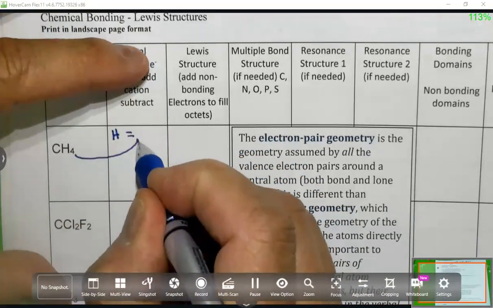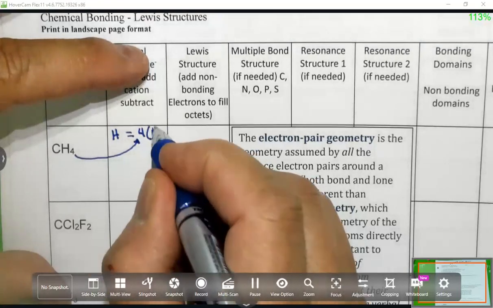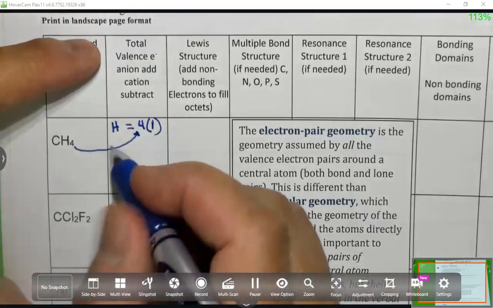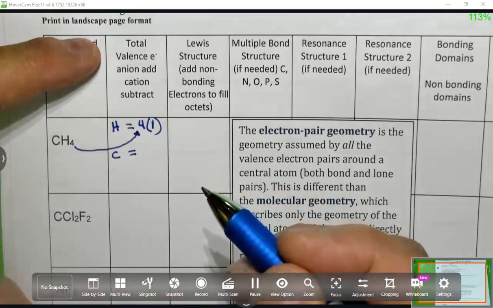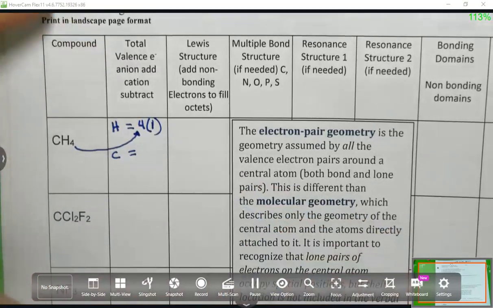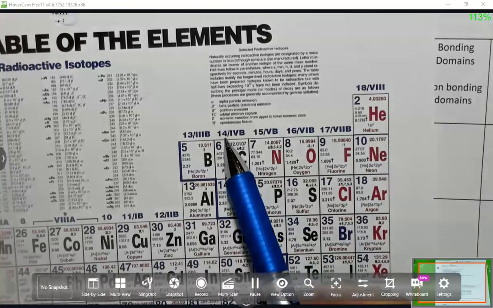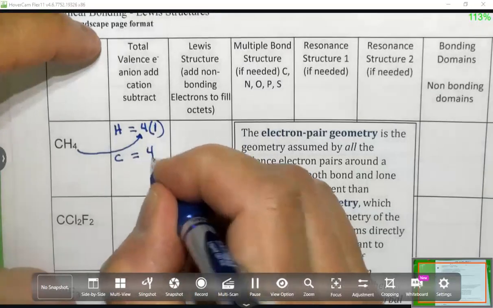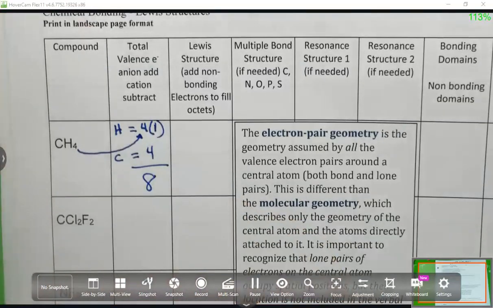We have 4. 1 valence electron each, so we have 4 for the hydrogen. Carbon, how many valence electrons for carbon? Carbon's in group 14, so 4 valence electrons. My total valence electrons is 8.